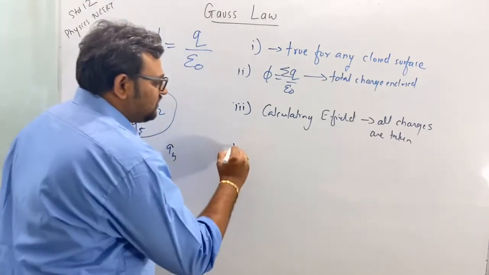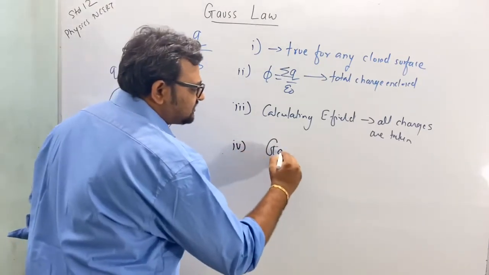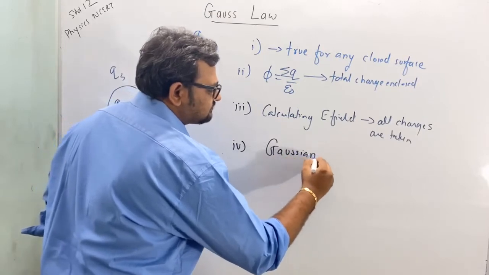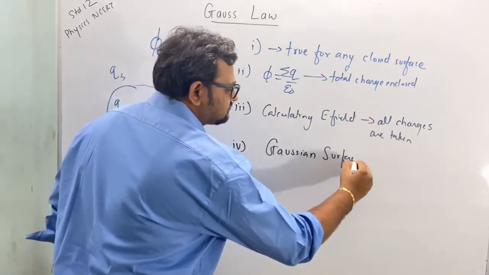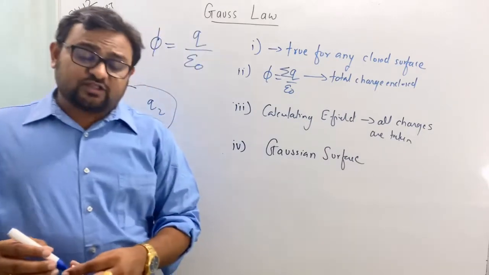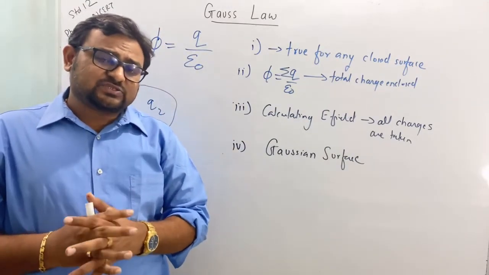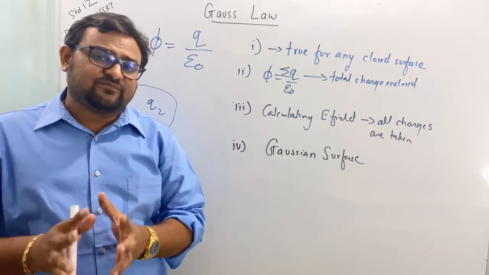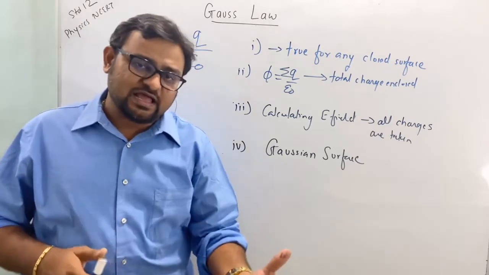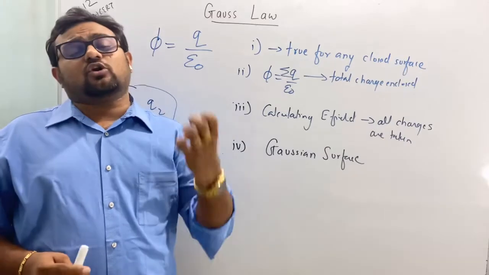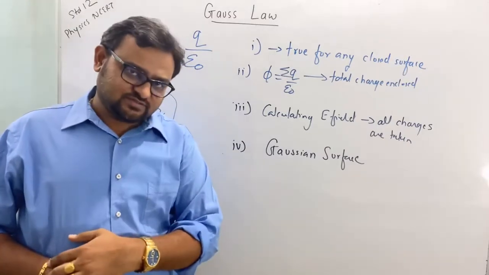The fourth one is about the Gaussian surface. It is the area that you select, the surface area that you select. Here we had selected a spherical area, so that area is called the Gaussian surface. If I select a cylindrical surface and the charges Q1, Q2, Q3 are inside, then this surface is the Gaussian surface.